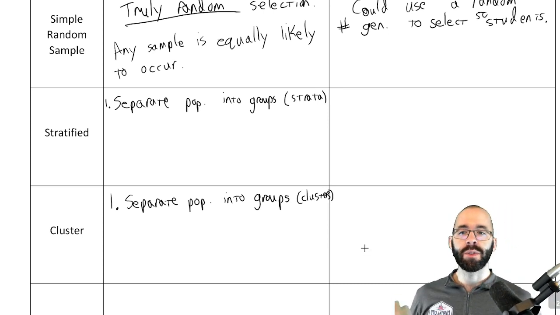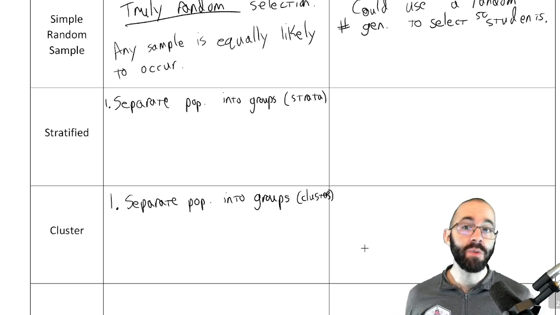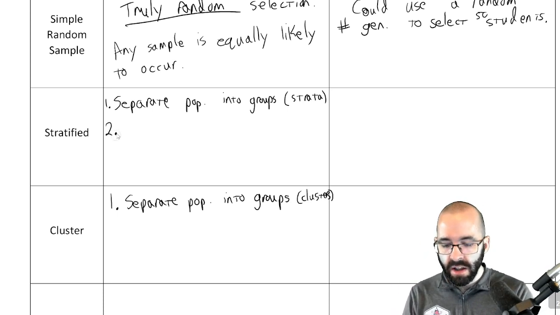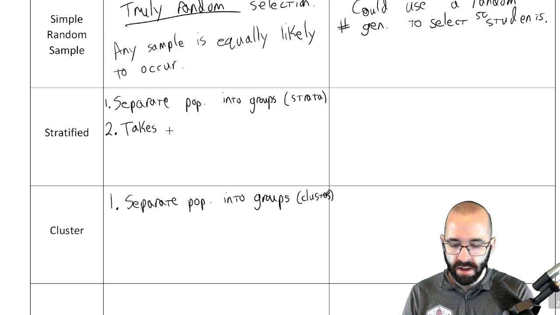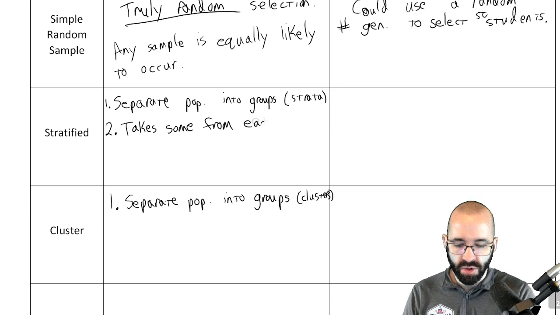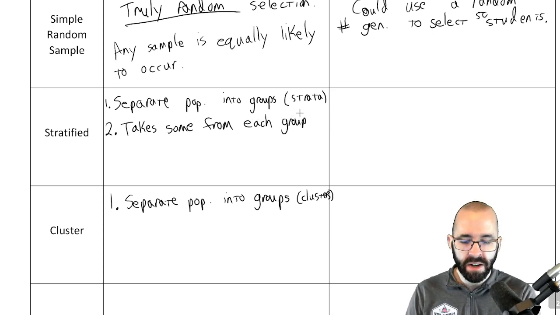Now, the difference here between stratified and cluster is what we do next. The stratified takes some from each group. And technically, it's a proportional amount.